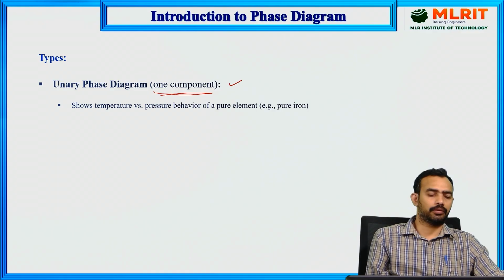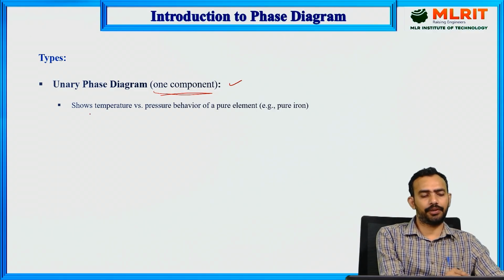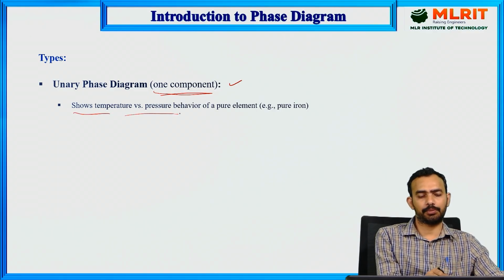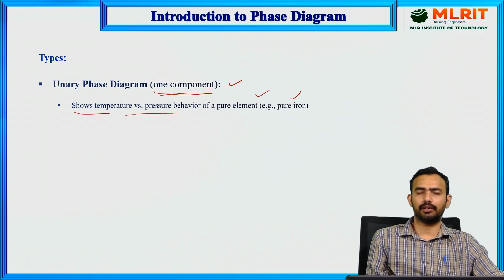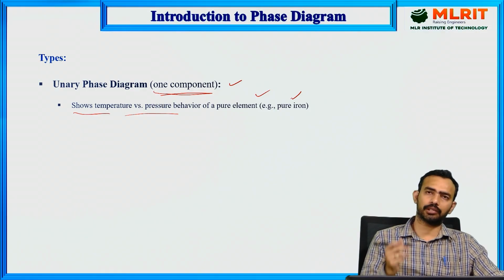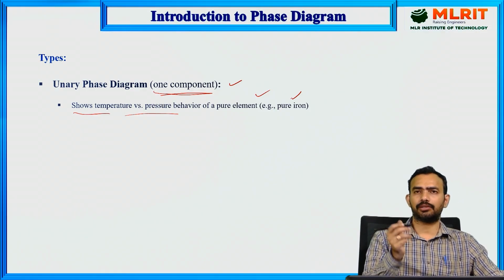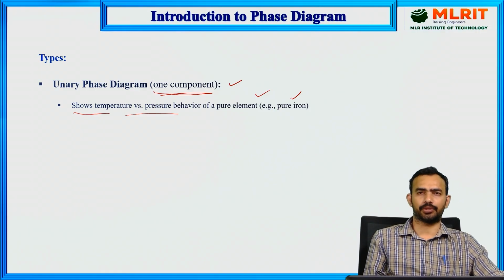This unary phase diagram shows the temperature versus pressure behavior of a pure element, for example pure iron. So how the BCC and FCC phases are present in the iron upon increasing the temperature, and the different allotropes of iron like alpha iron, delta iron and gamma iron can be observed.